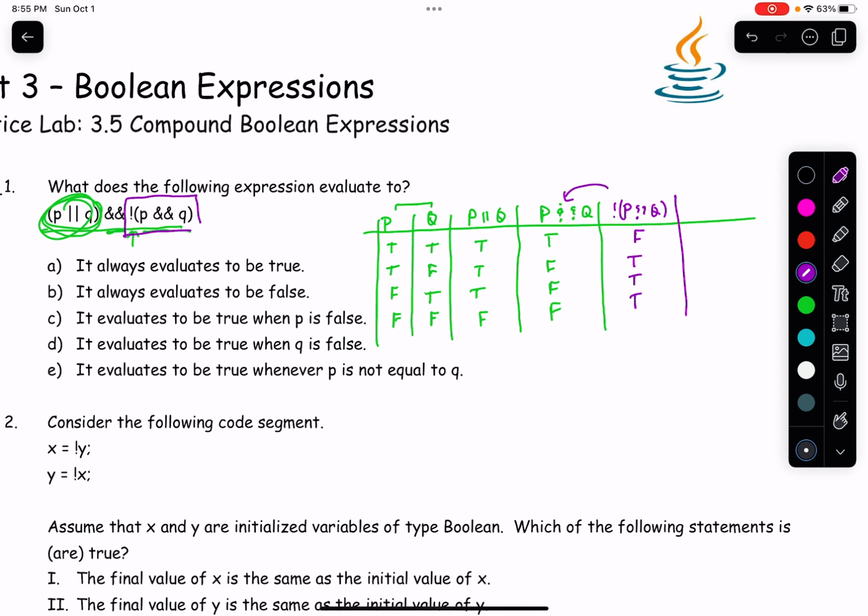All right, and then my last one is going to be the whole thing. So let's use red for that one.